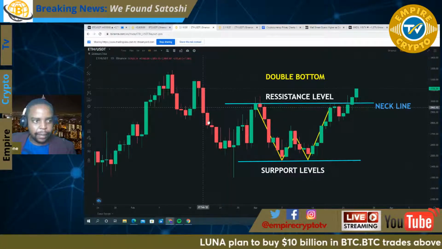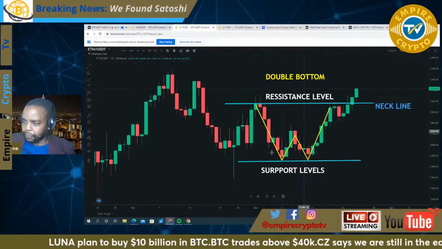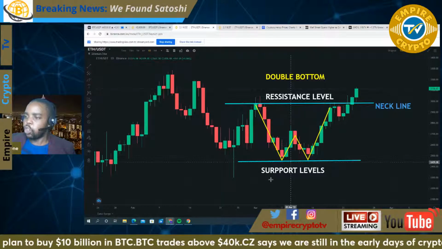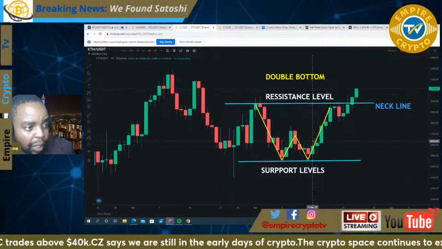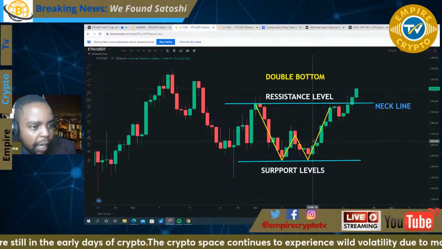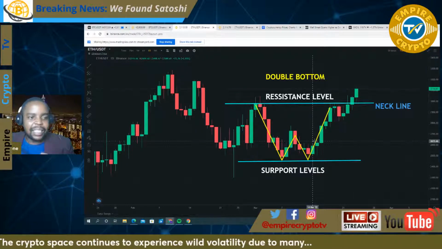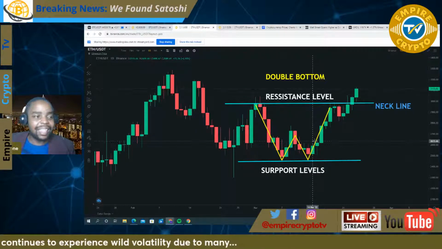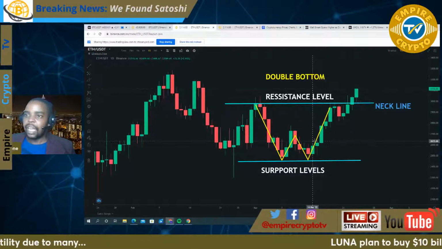But what we are witnessing with Ethereum is a double bottom, showing a strong bullish reversal in this situation. These are some of the techniques that I use other than indicators.